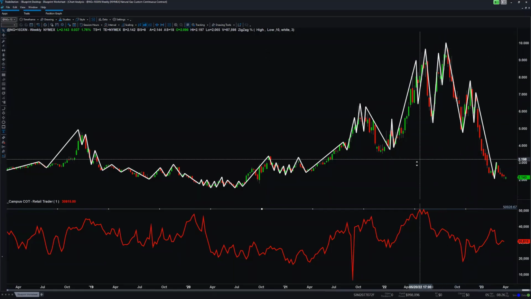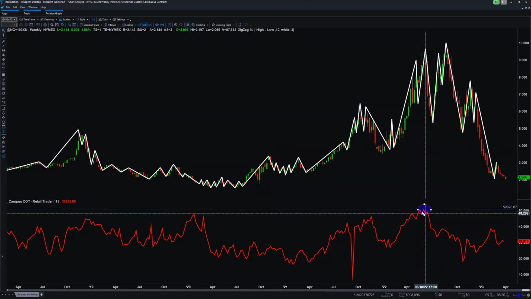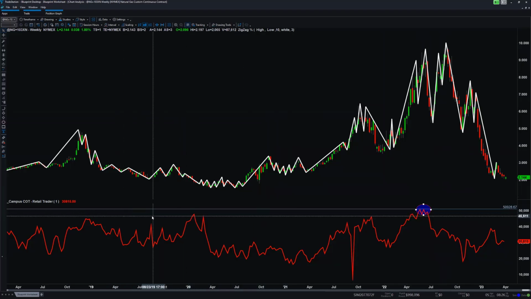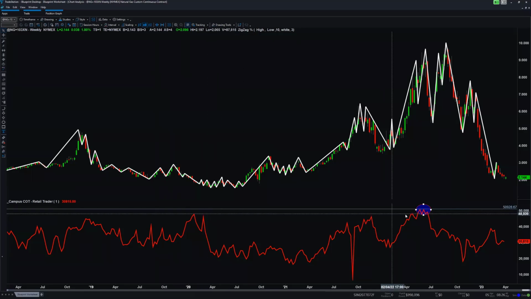And the reason why we shorted this on the way down is because at this stage, the retailers were at a historical high in terms of the net positions. Whenever they're at historical extremes, that's what we use as a standalone tool. That's where we are going to go against them, because we know that these guys shouldn't be making money.